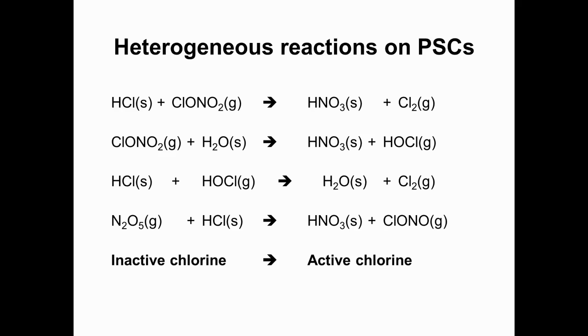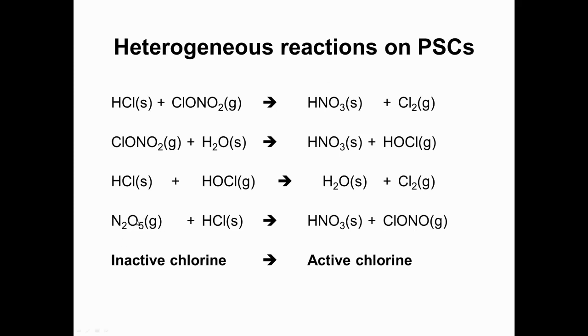But this is a thermal equilibrium, so this unimolecular decomposition can re-release NO3. So N2O5, dinitrogen pentoxide, is formed from NO2 plus NO3. NO3 is formed from the reaction of NO2 plus ozone, and the N2O5 can decompose again if the temperature is hot enough to NO3 plus NO2.